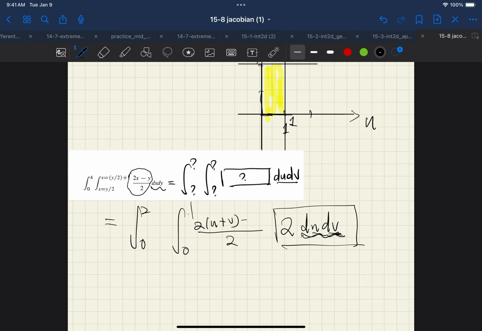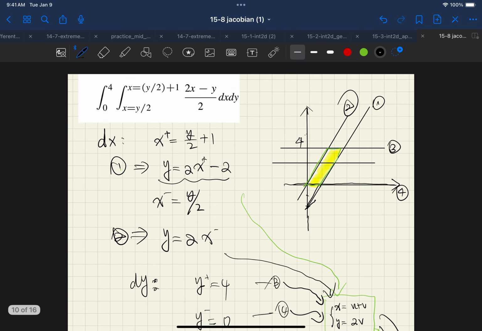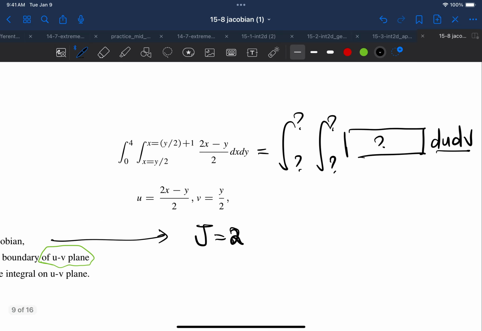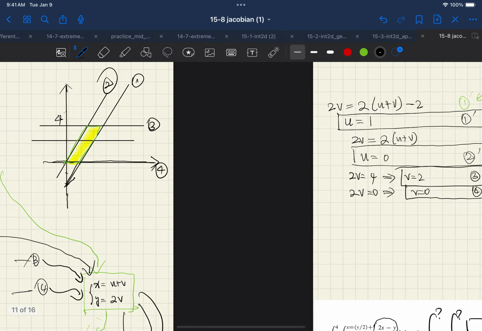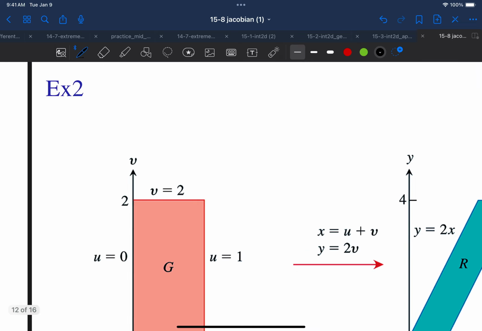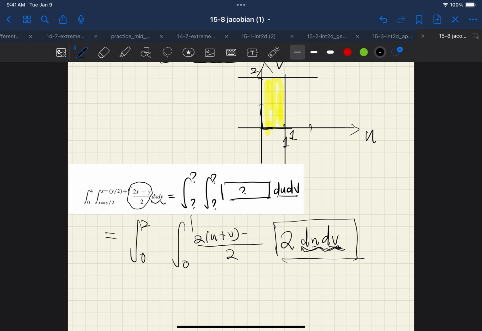We know that y equals 2v. Then we do the calculation now. So 2v cancels, this is u.